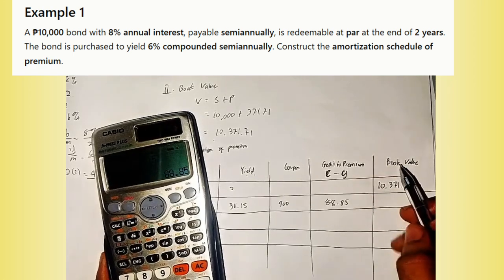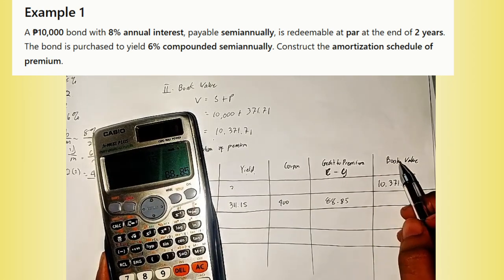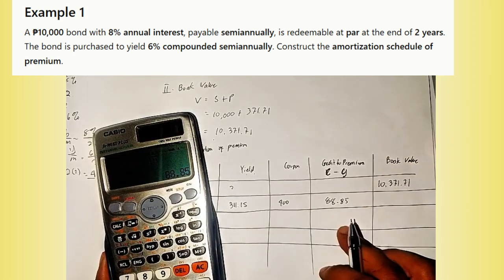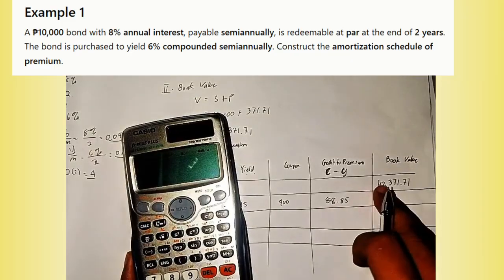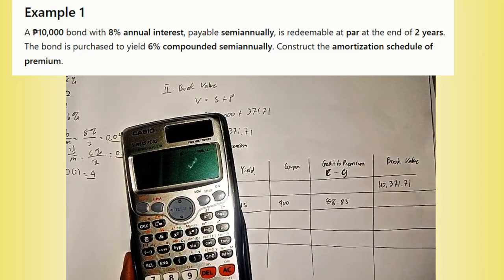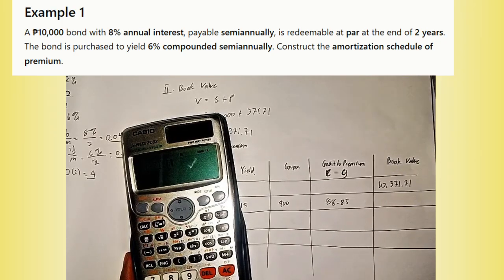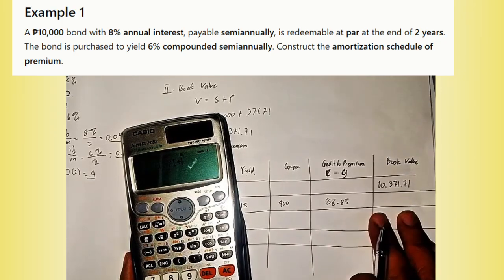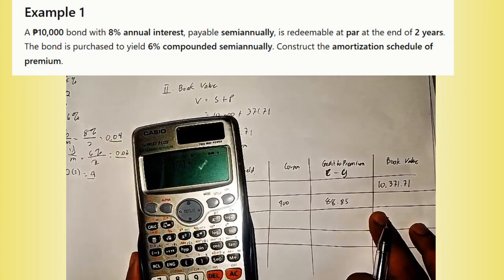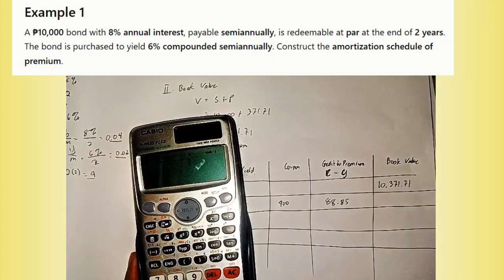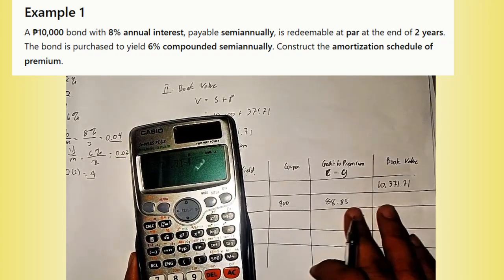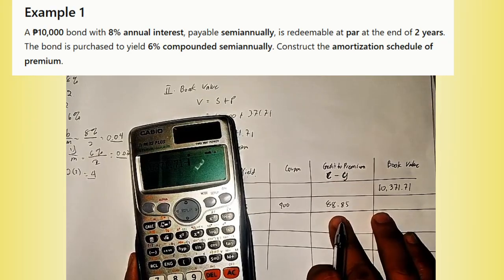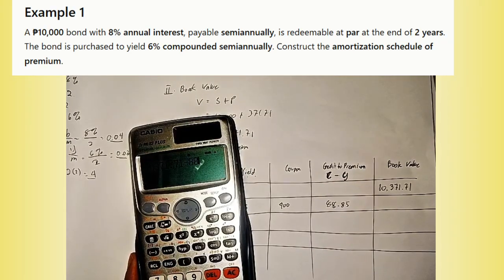Now, to know the new book value, we take our old book value, 10,371.71, minus, since it is decreasing, the credit to premium, 88.85.